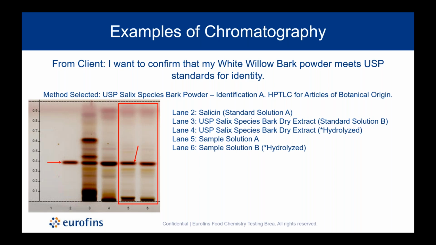And so what we're seeing is that in sample solution A, where the arrow is pointing inside the red box, that band is not of lesser intensity than standard solution A. And so that would not meet that particular component of the acceptance criteria, which would lead to a does not conform result.